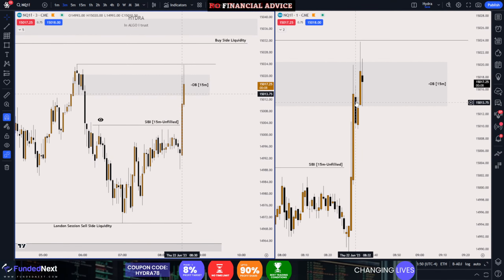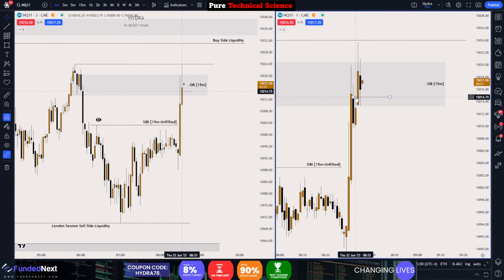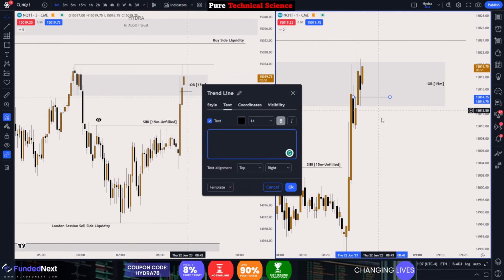This bullish order block, I'm talking about this one. If price is respecting it and hunting these relative equal highs, then it's a bullish order block. But if price is going below it, we can use this order block as a reclaimed order block to see price providing support towards the sell side liquidity.